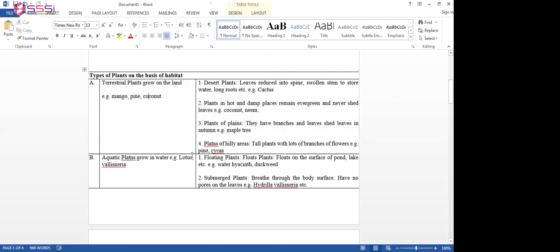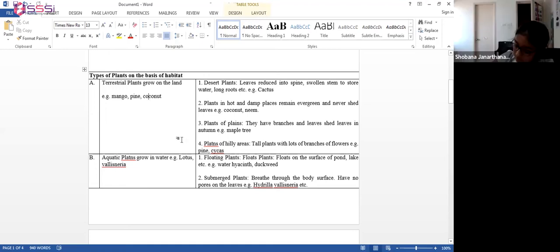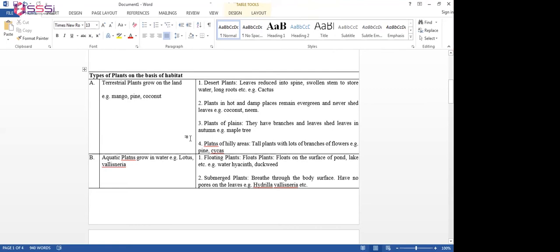Then the plants of hilly areas are tall plants with a lot of branches, for example, pine and cypress. So plants in the plains will shed their leaves in autumn. Okay, ma'am.